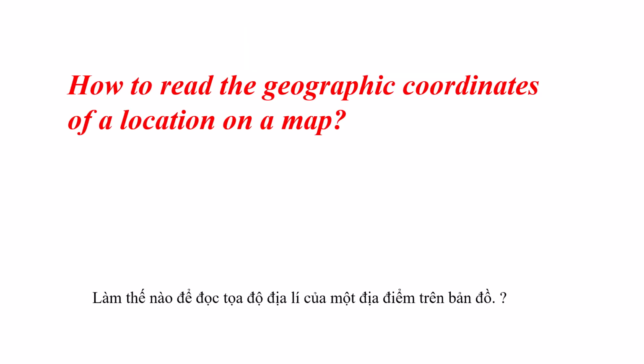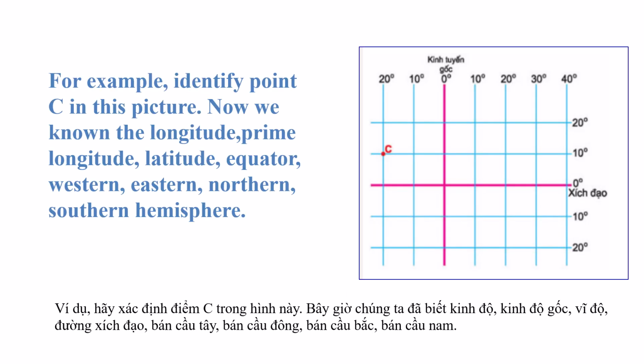How to find the geographic coordinates of a location on a map? For example, identify point C in the picture. Now we know the longitude, prime meridian, latitude, equator, western, eastern, northern, southern hemisphere.